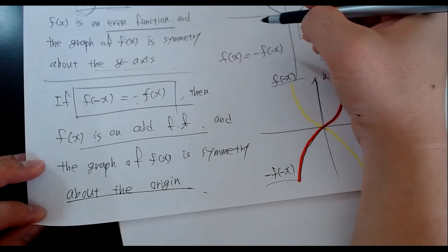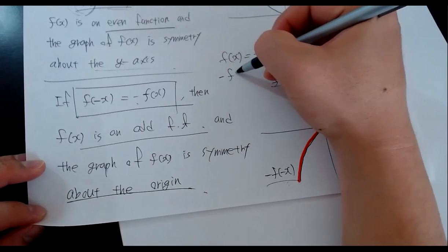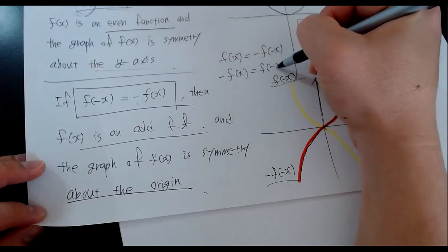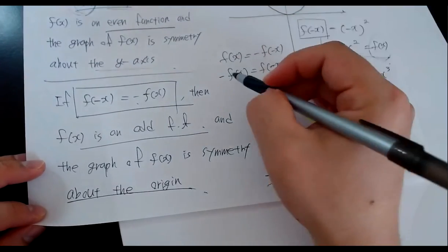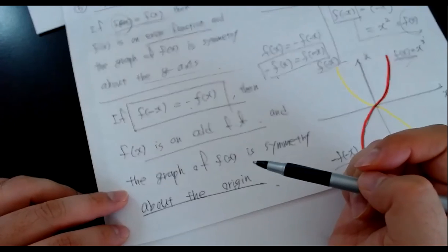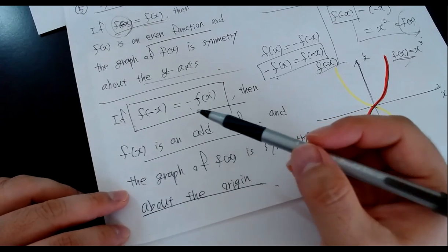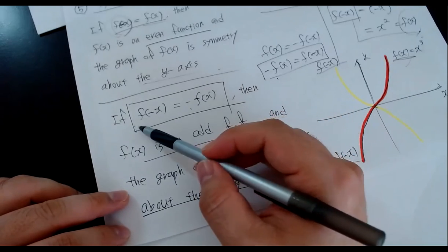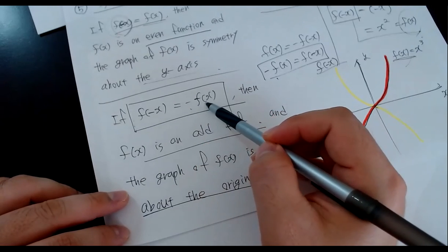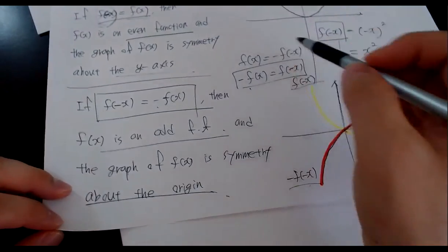If we multiply by negative one on both sides, we get negative f of x is equal to f of negative x. Right? So this expression is exactly the same as that expression, isn't it? Because the only difference is where the negative sign is attached, left hand side or right hand side.